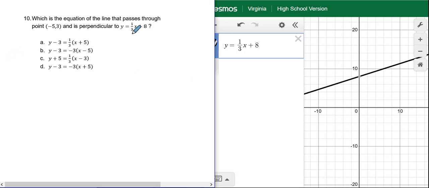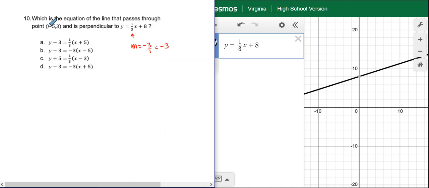For that to happen, I need a slope that is the opposite. So since this is positive, the slope would have to be negative, and then reciprocal. So the rise becomes run and the run becomes rise. So 3 over 1 would just end up being -3. So the slope will be -3.